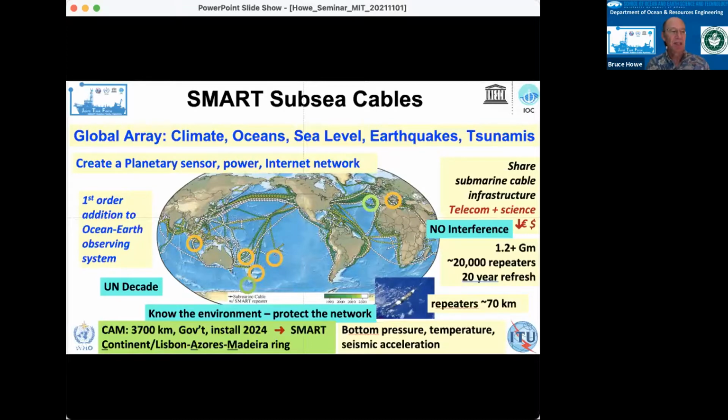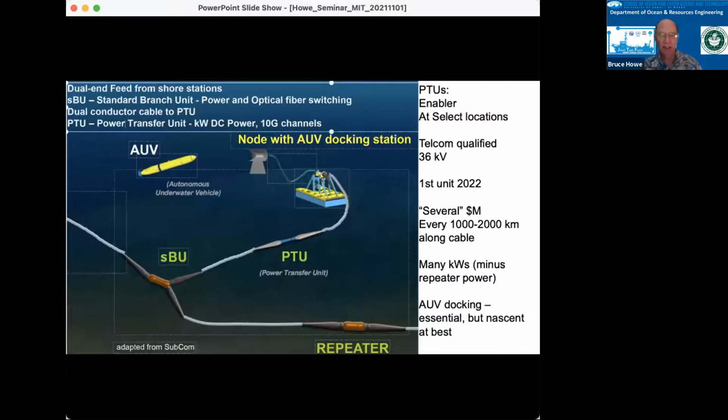So via smart cables, and then this is a new development. This is one supplier who has said they will be delivering what they're calling a power transfer unit that will be telecom rated. In other words, it can be inserted into a telecom system.